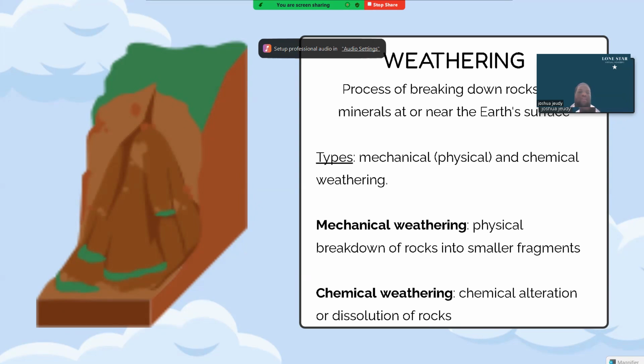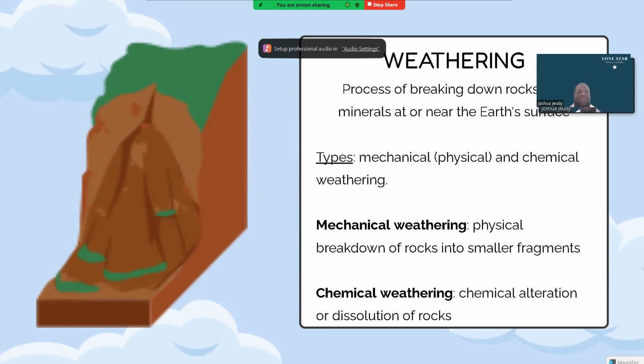Now chemical involves some sort of interaction that would cause the depreciation of something through some type of chemical reaction. So let's say this is a dramatic thing.